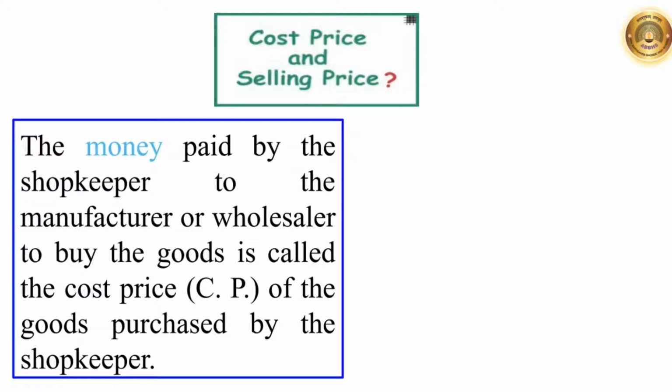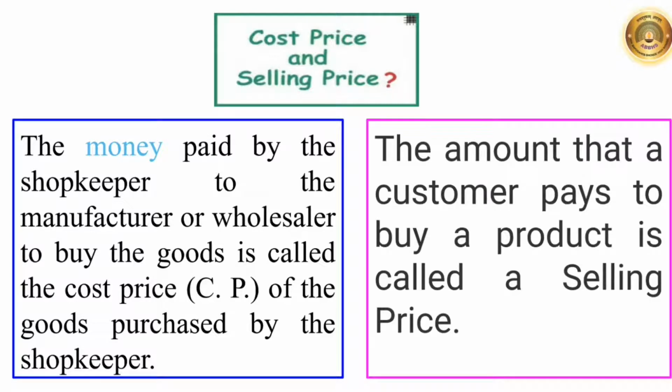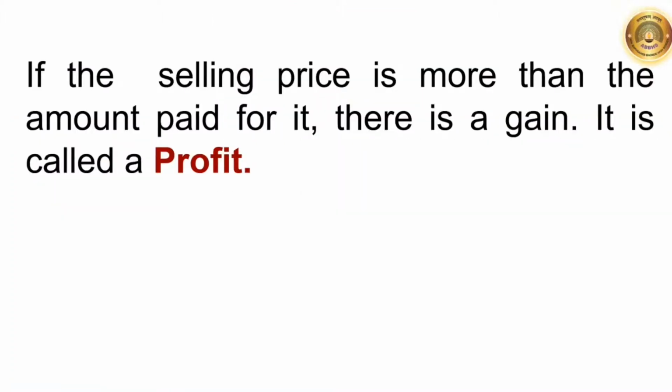So when the shopkeeper gets things from the wholesaler, the amount that the shopkeeper had paid to the wholesaler is what is called his cost price. The amount that a customer pays to buy a product is called a selling price. So when the customer buys the product from the shopkeeper, that amount is called the selling price of that product.